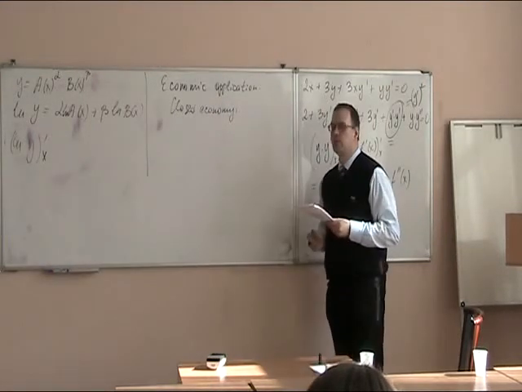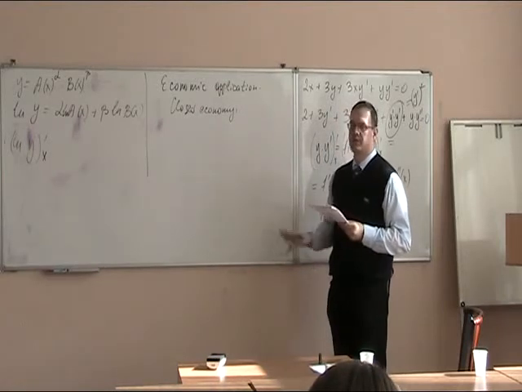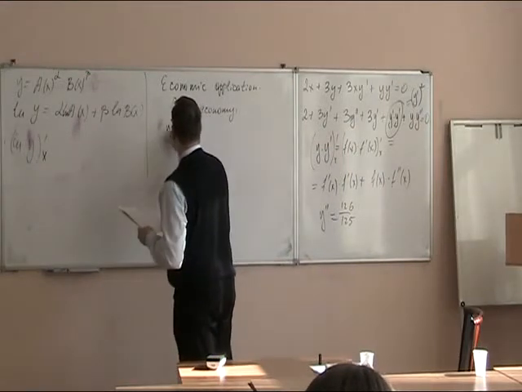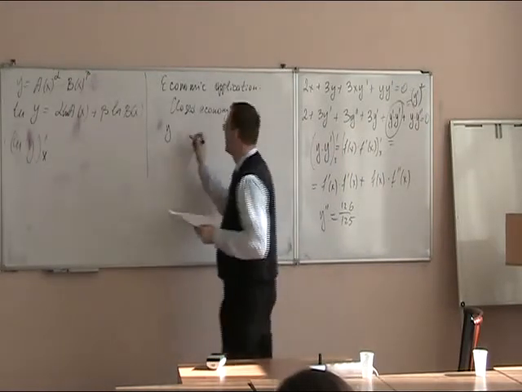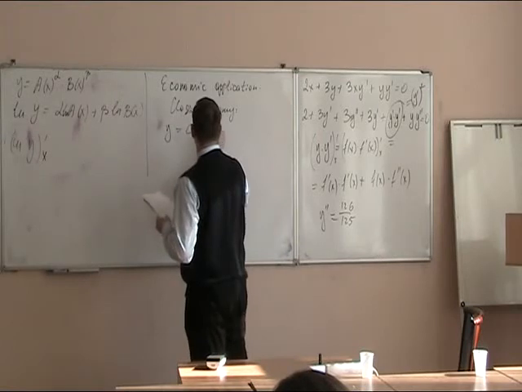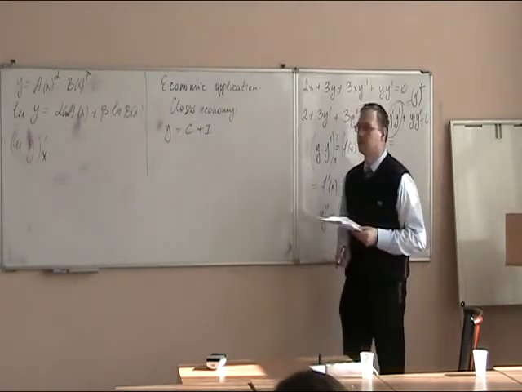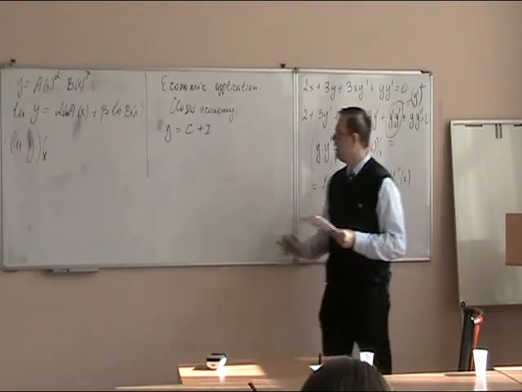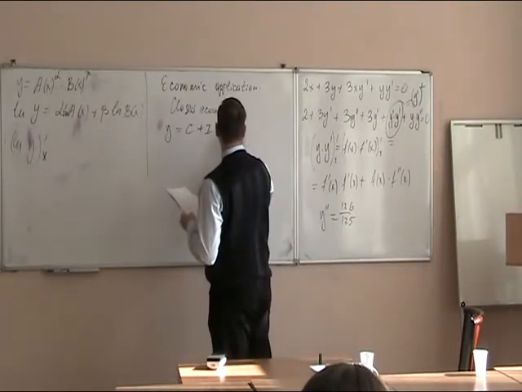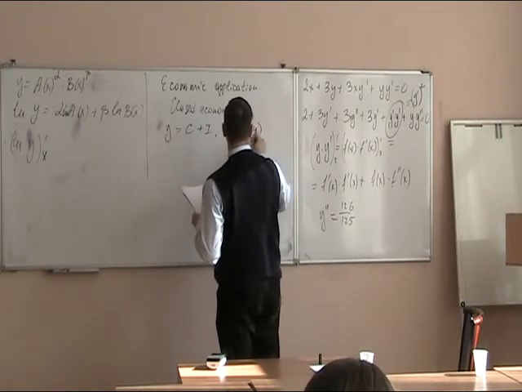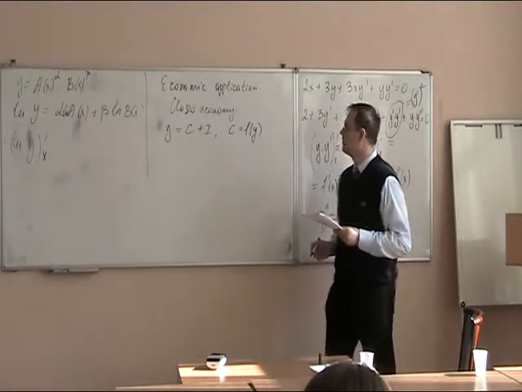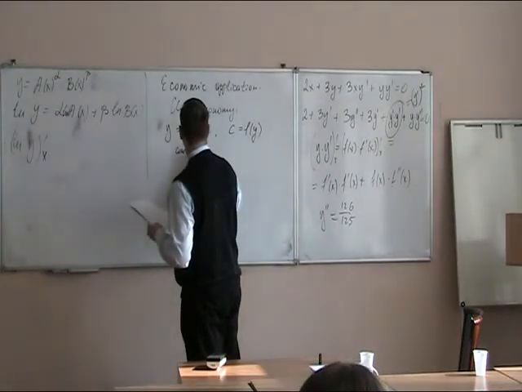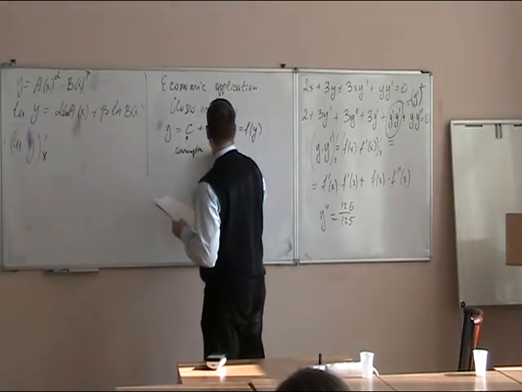When we see some economic models, we usually don't see any numbers at all. We just see pure functions. So here we have y, which is the national income, and this is the sum of consumption plus investment. This is a very simple Keynesian model, a very basic one, and we know that consumption is some function of y, some function of income. So this is consumption, and this is investment.